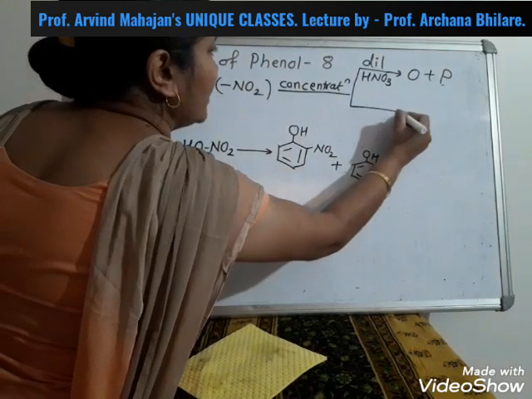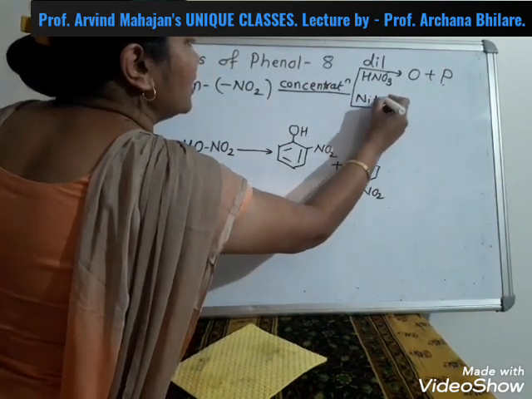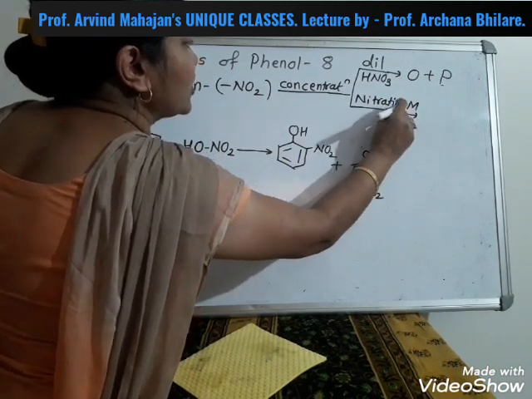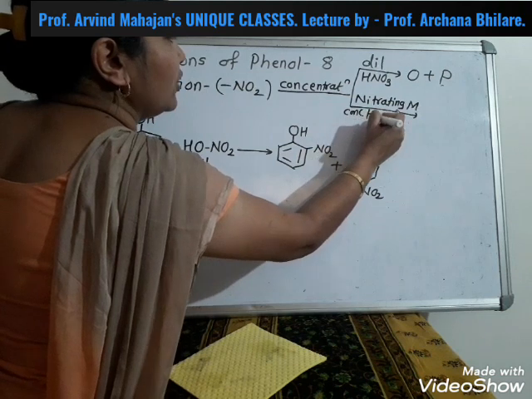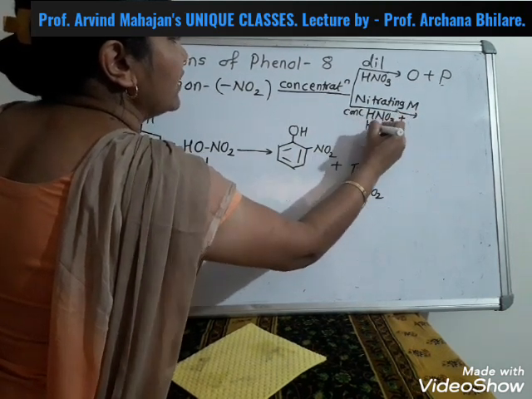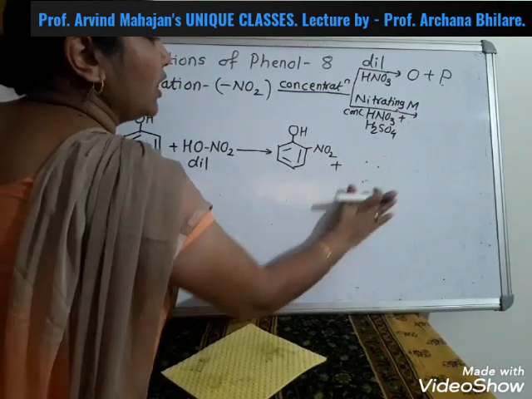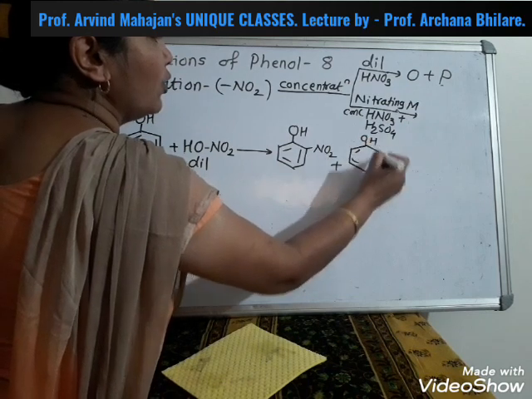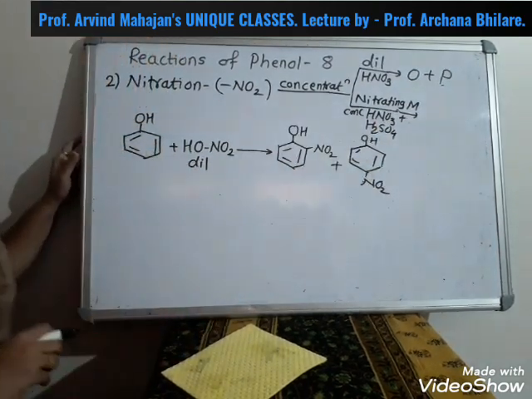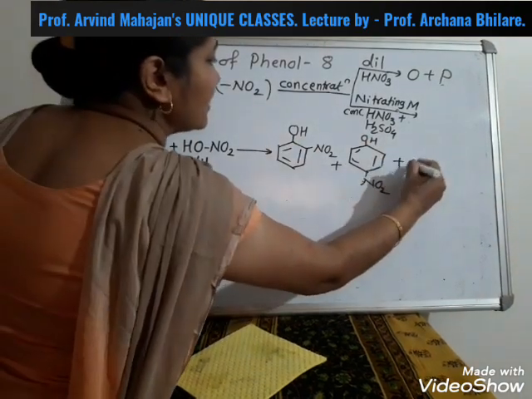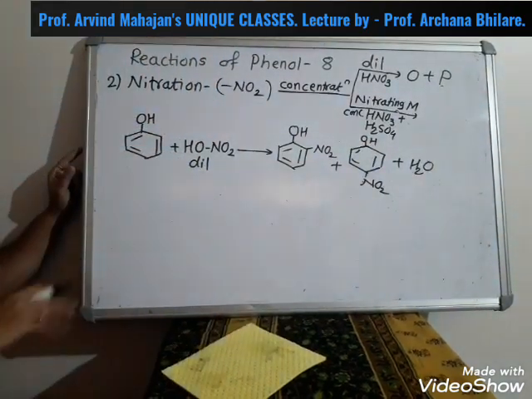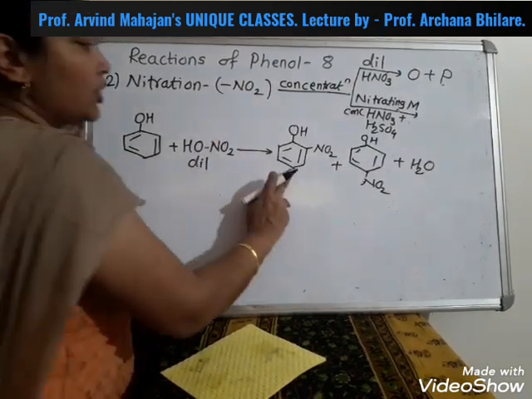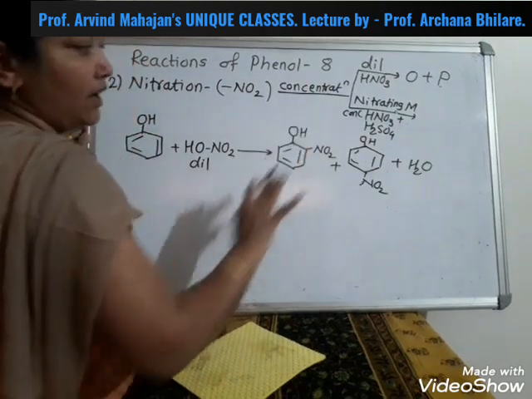So here we can use nitrating mixture, and what is that nitrating mixture? Concentrated HNO3 and concentrated H2SO4. So here we get the product as OH as it is and NO2 is attached to para position plus H2O. If we use dilute HNO3, we get a mixture of orthonitrophenol and paranitrophenol.